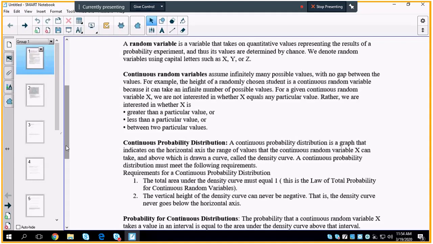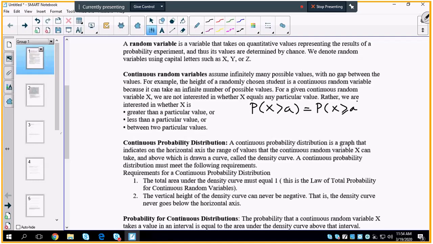One other key thing to remember for continuous random variables is that greater than or equal to will give you the same probability. For example, the probability of X greater than a is exactly equal to the probability of X greater than or equal to a, and the probability of X less than a is exactly equal to the probability of X less than or equal to a.